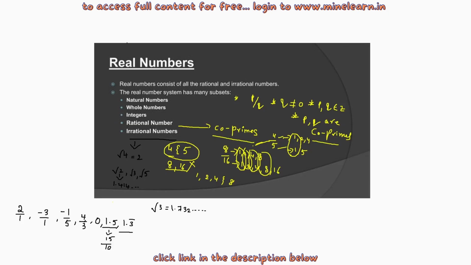And see one more example for irrational: 4.56786532 and so on. That means non-terminating, not repeating. There is no repetition in order in this number. These types of numbers come under irrational, denoted by Q dash.